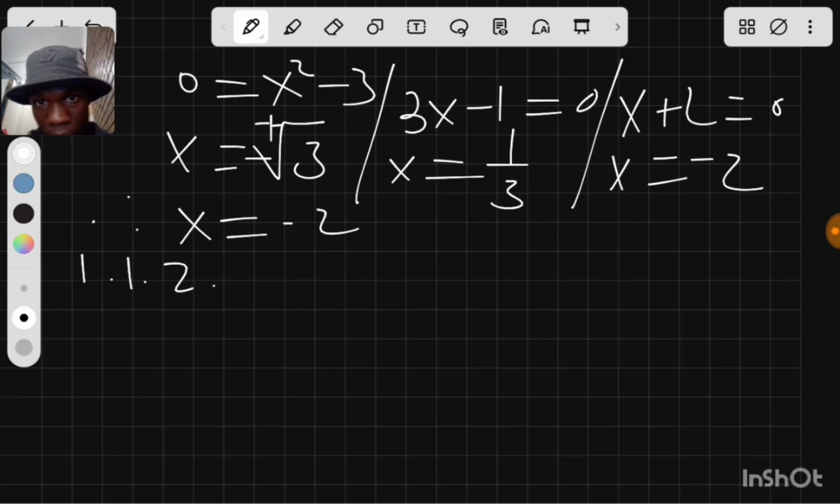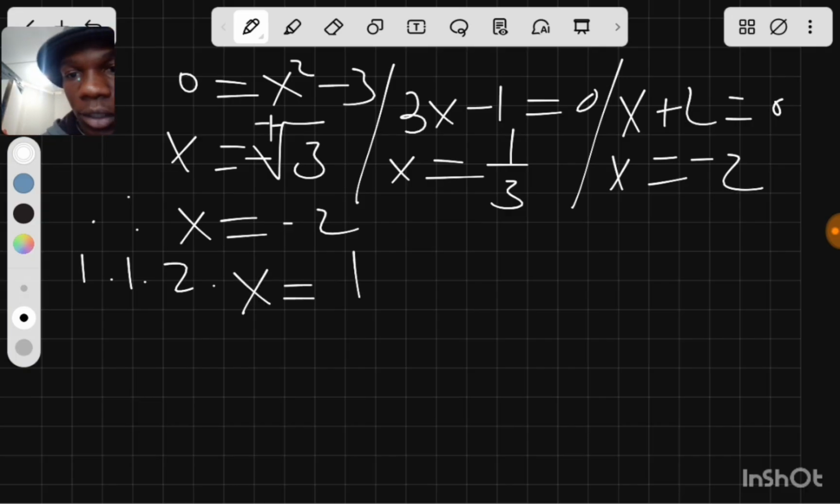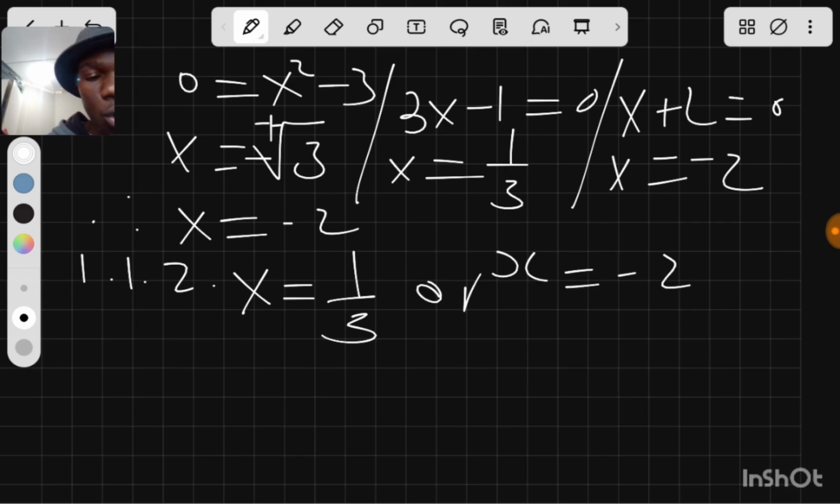So we want to check from the x values we have calculated which can be written as a over b. I only see x is equal to 1 over 3, this is a fraction, perfect. Or x is equal to minus 2, because we can divide it by 1 and it still gives us minus 2.